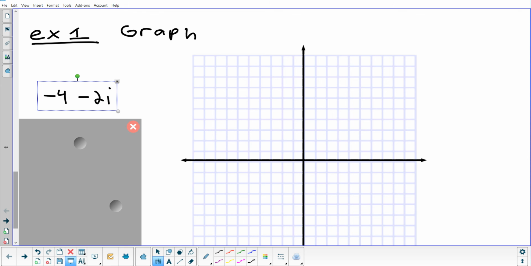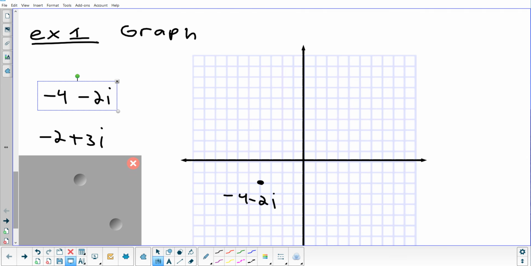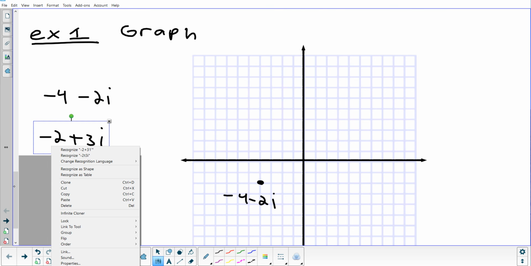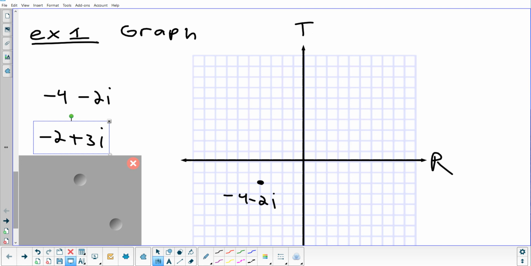So that's left 4, down 2. Perfect. How about -2 plus 3i? Can someone else tell me how to get to that one? Chris? Go left 2, up 3. Left 2, up 3. Go to -2 on the real axis, and then go to +3 on the imaginary. So -2, up 3.